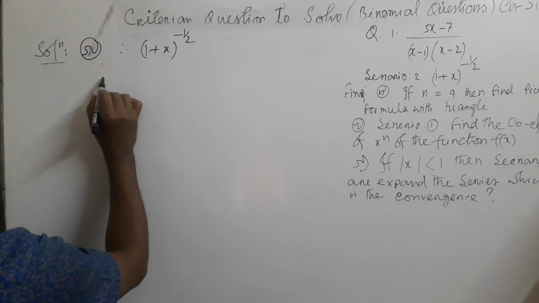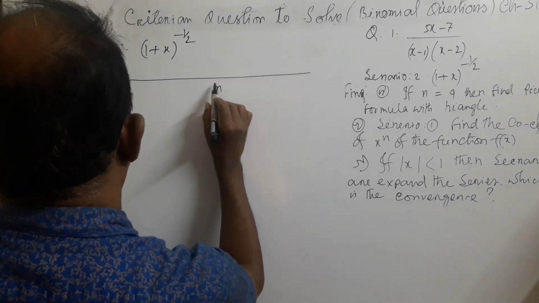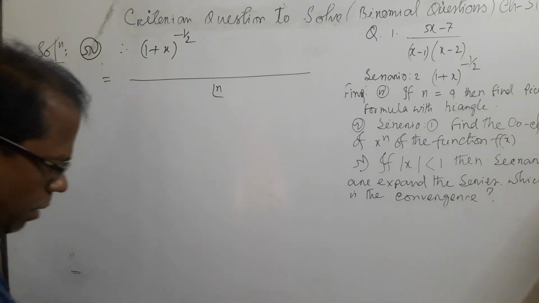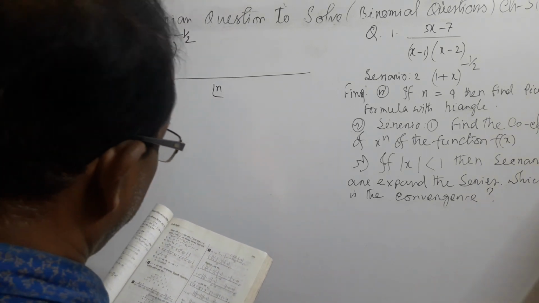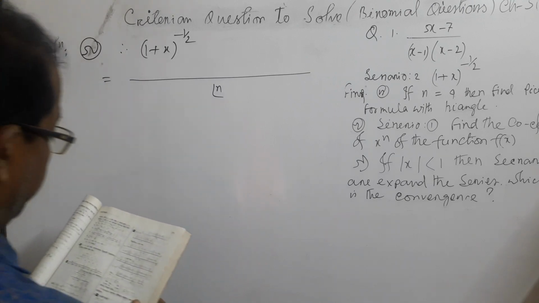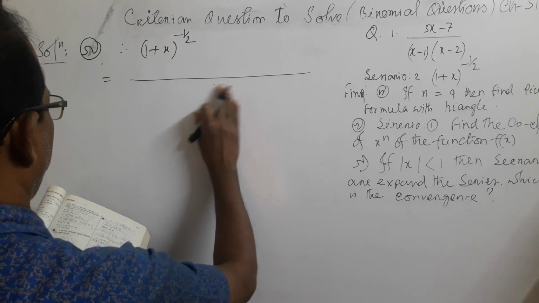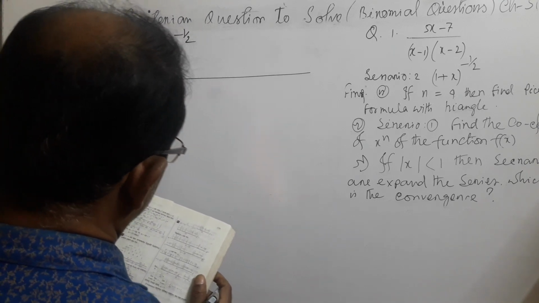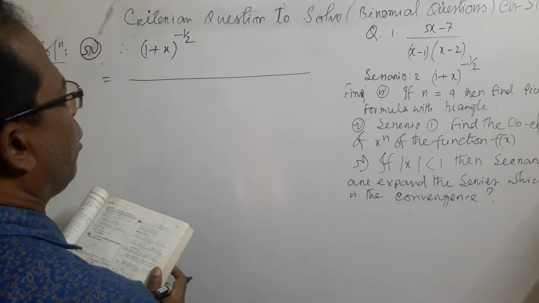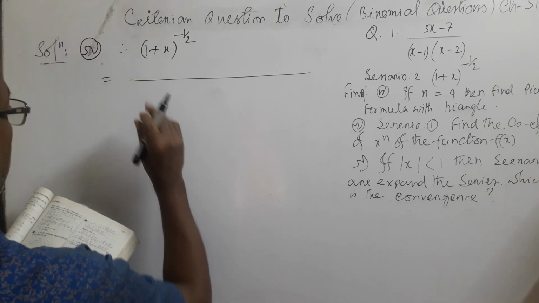That's equal to factorial n, and (1 minus x) to the power minus n.